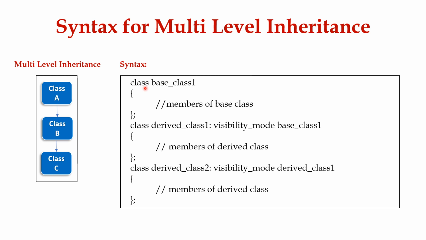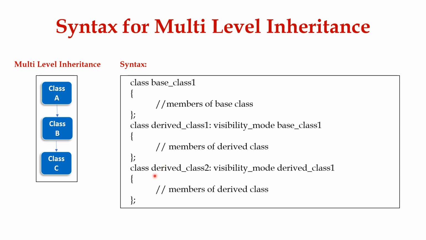We have defined the class definition for base class 1, which has its own member variables and member function. Then we have defined the class definition for derived class 1, where derived class 1 inherits the properties of base class 1, and has its own member variable and member function.